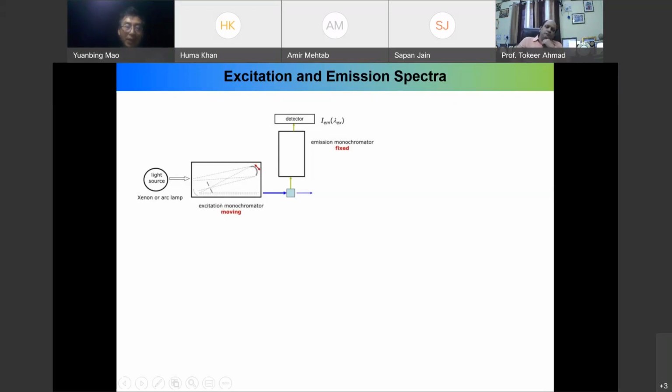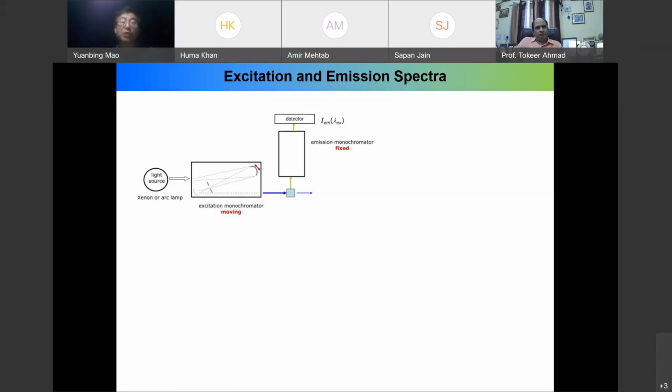And then, of course, the light source is very important. In general, for luminescence measurements, we use a xenon lamp or arc lamps, especially when we talk about phosphors for lighting, and that's a common one. But of course, if we want to go to UV light, or the infrared, then the light source could be different.